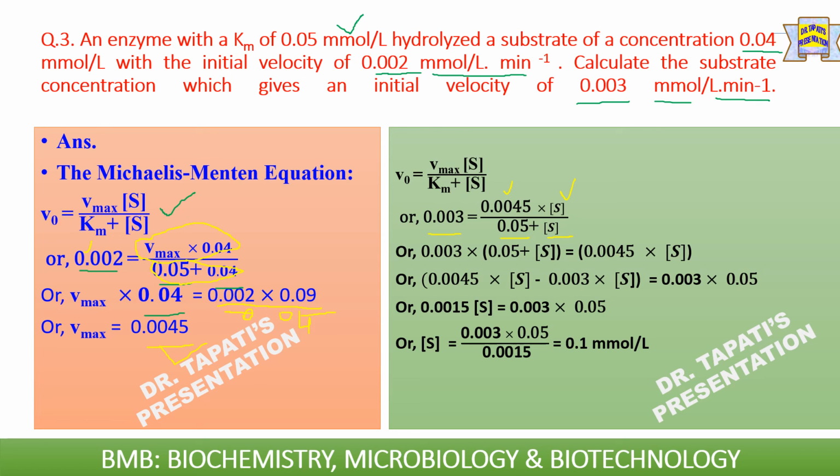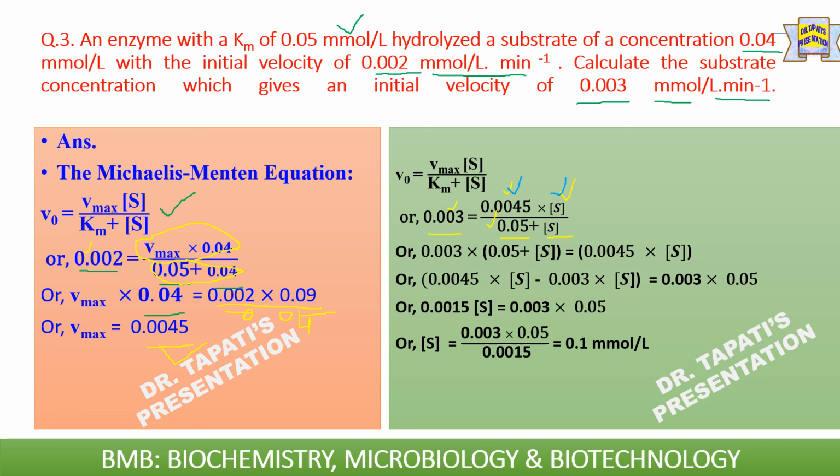Or we can write this equation as 0.003 into 0.05 plus S. If you multiply this, that is equal to 0.0045 into substrate concentration.